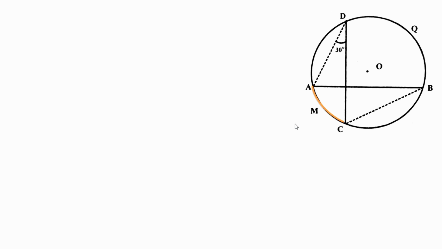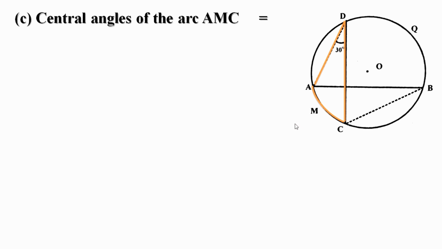Now we have to find sum of the central angles of arc AMC and BQD. Let us look at arc AMC. The angle made by this arc is 30 degree. Therefore, the central angle of arc AMC equal to 2 into 30 or 60 degree.